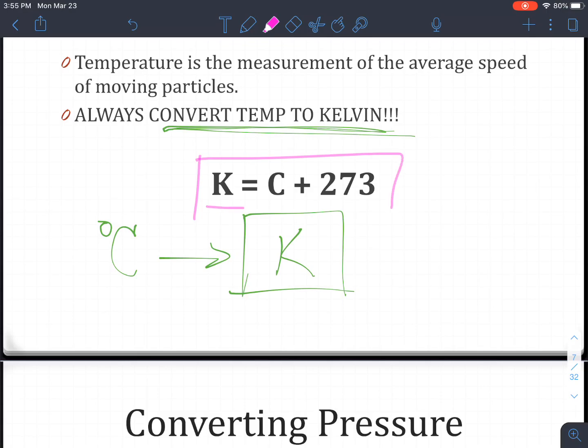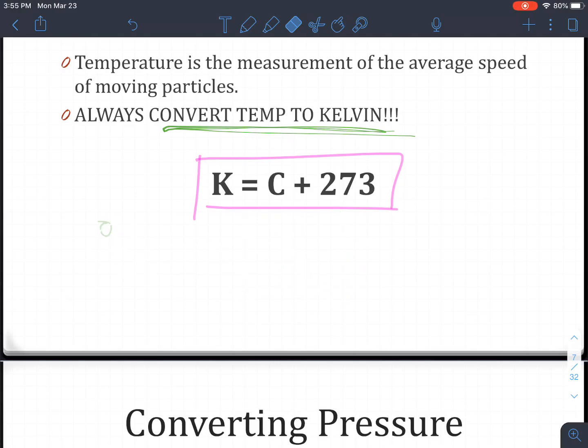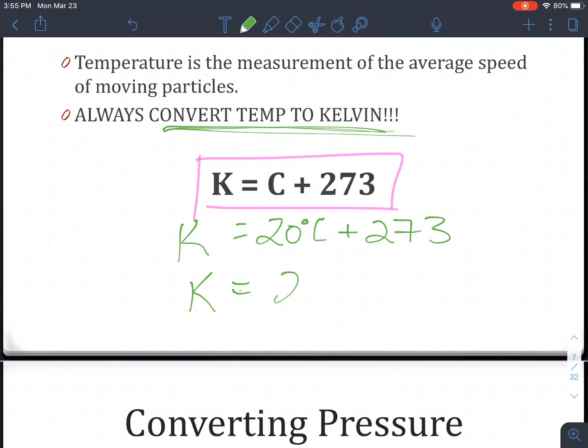So here's our little formula to get to it. Kelvin is equal to whatever degrees you have in Celsius plus 273. So say we had 20 degrees Celsius. Kelvin is going to be equal to that 20 degrees plus 273. So 20 degrees Celsius in Kelvin here would be 293 Kelvin.